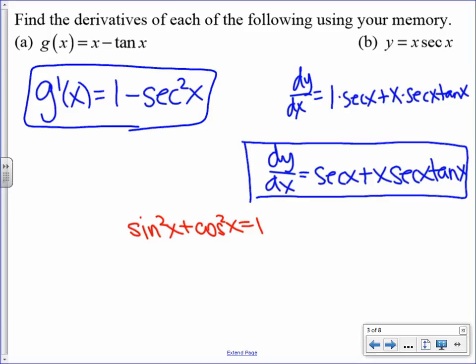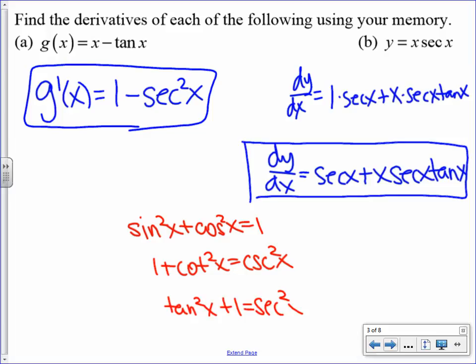Sine squared plus cosine squared is 1. If we divide everything by sine squared, 1 plus cotangent squared is cosecant squared. If we divide the first one by cosine squared, we get tangent squared plus 1 equals secant squared. So yes, we could rewrite that.